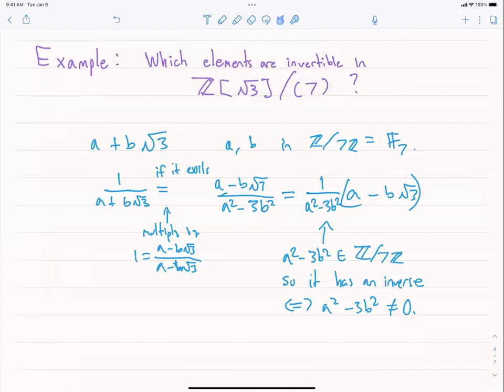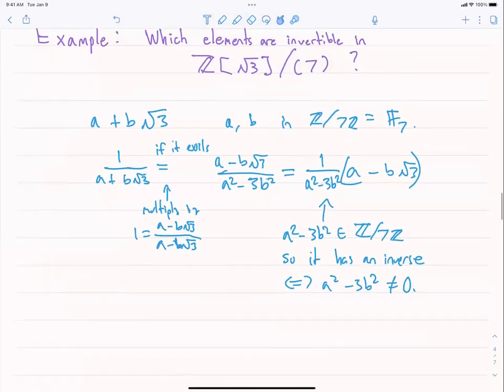As long as this is not 0, we're in good shape and we get an inverse. So for example, of course, if a and b were both 0, then this would be 0 and we don't get an inverse, but that's fine because the 0 element is never going to be invertible.